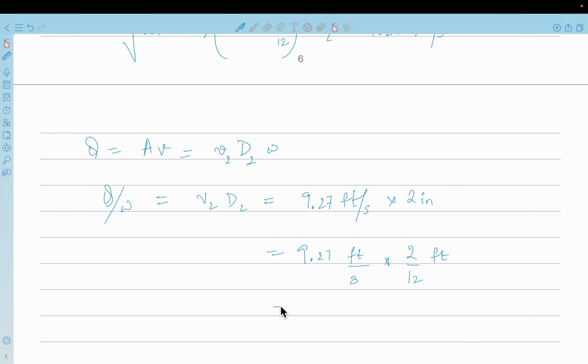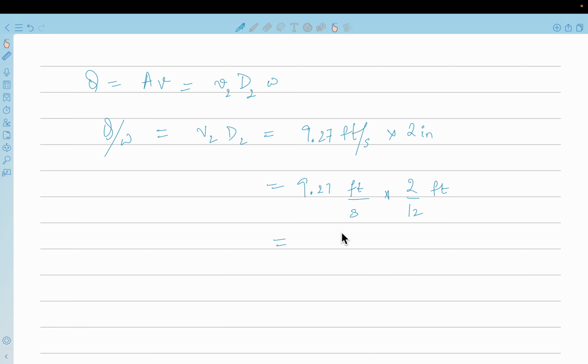Just calculate this and tell me. Okay, 1.54, yeah, feet square per second.